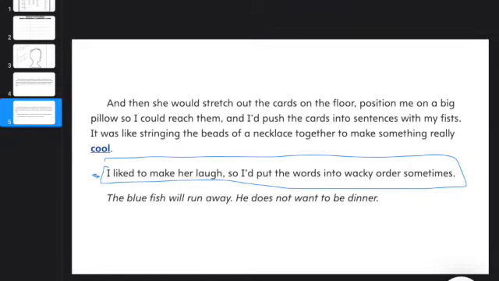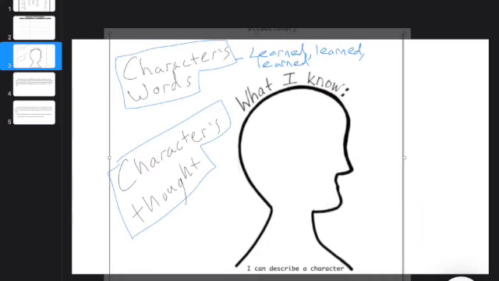They're thinking, I like to be funny. I want to make her laugh. So in her head, she's like, I want to make her laugh. So I'm going to put these words together. Because she can't say it out loud, but she's thinking the thoughts. And then she is putting it together in a sentence. So stringing together a funny sentence.